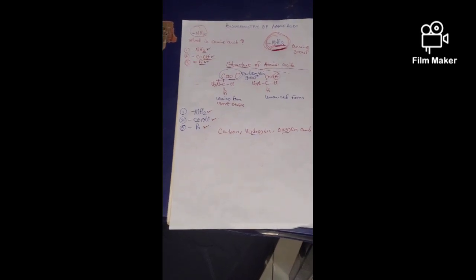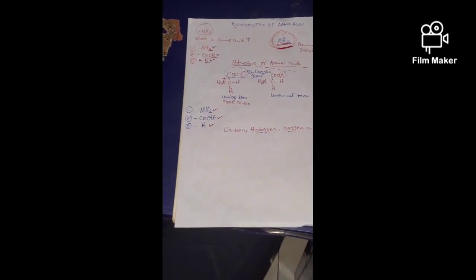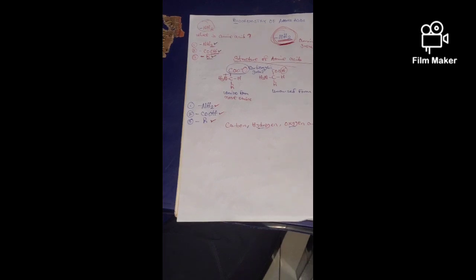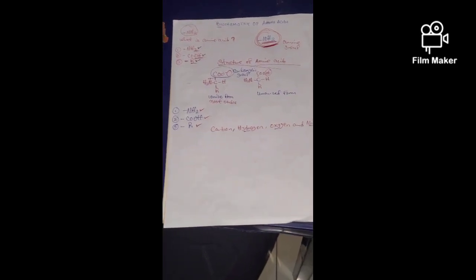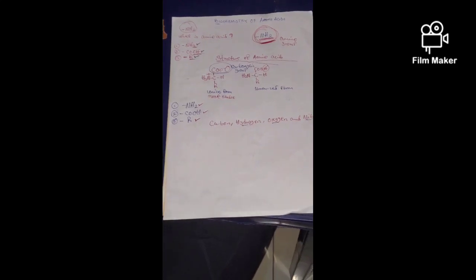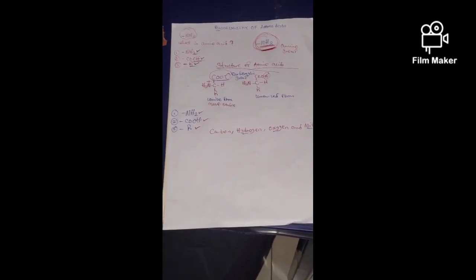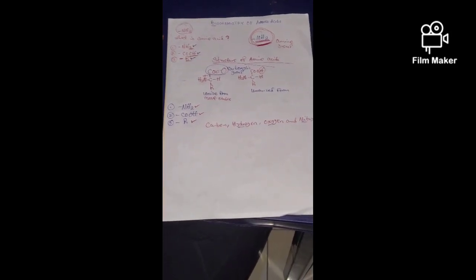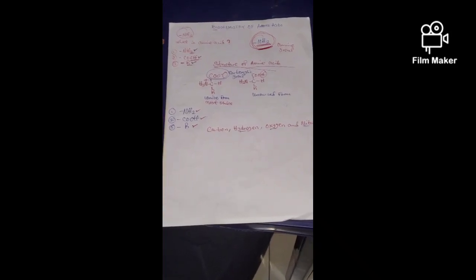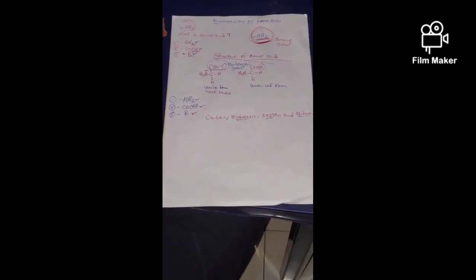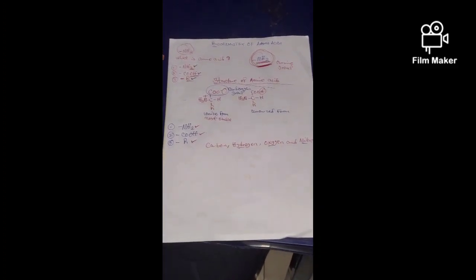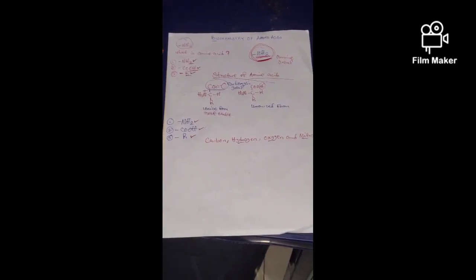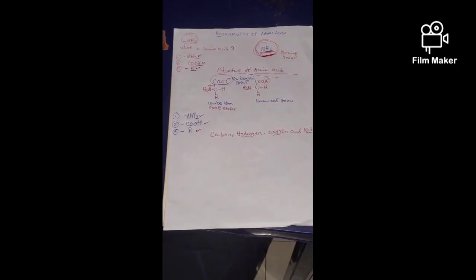All right, above 500 amino acids have been known. That is, we have discovered about 500 amino acids, but it's very important you take note of the fact that just 20 of them are found in the genetic code. Out of the 500 amino acids that have been discovered, only 20 are visible in the genetic code.